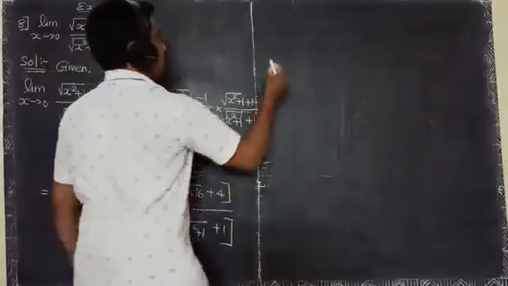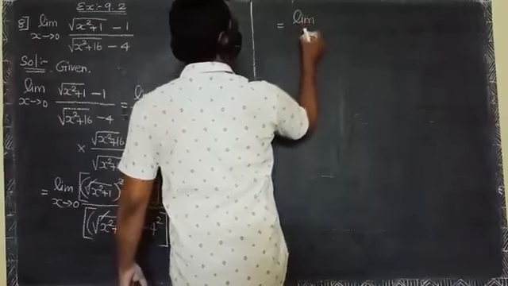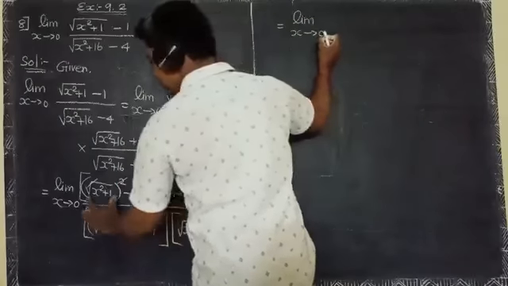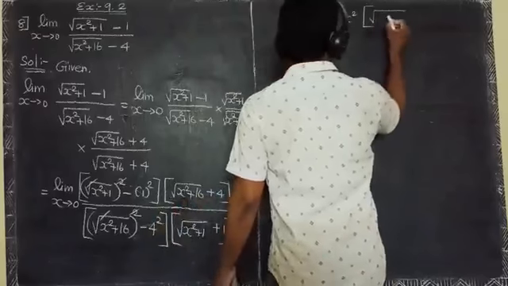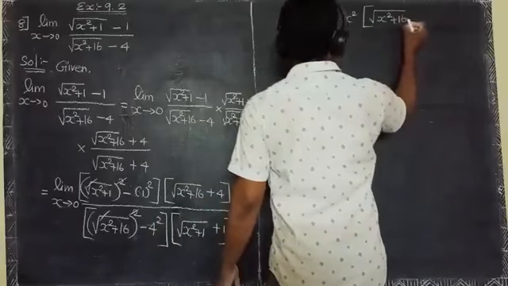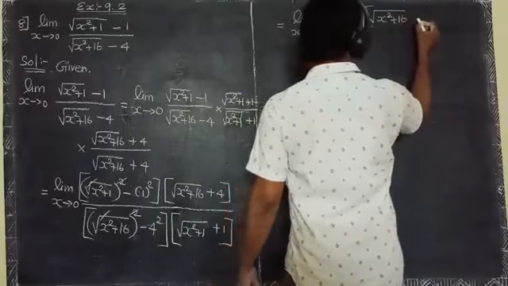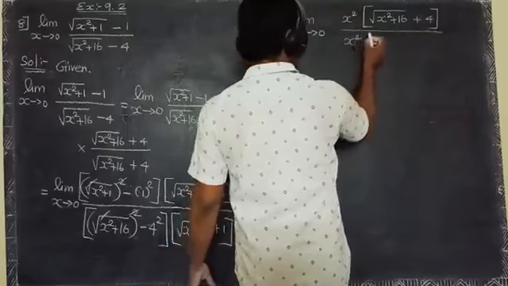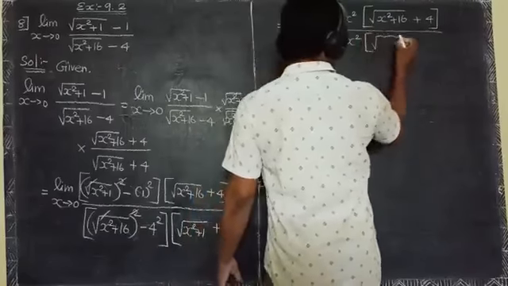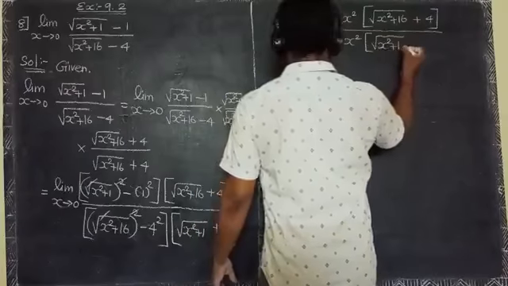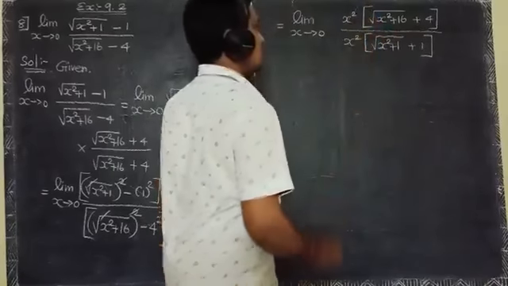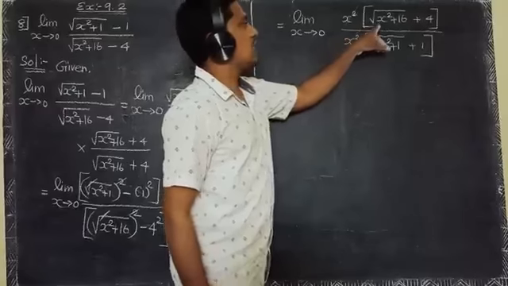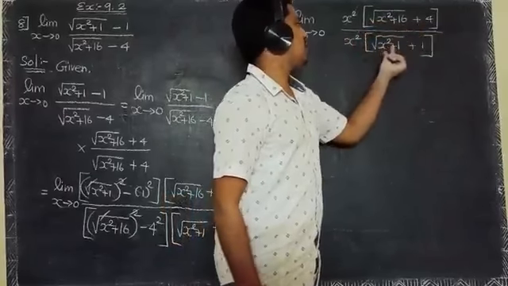Then the remaining is the limit as x approaches 0 of x squared into square root of x squared plus 16 plus 4 divided by x squared into square root of x squared plus 1 plus 1. Here the factor x squared is cancelled.